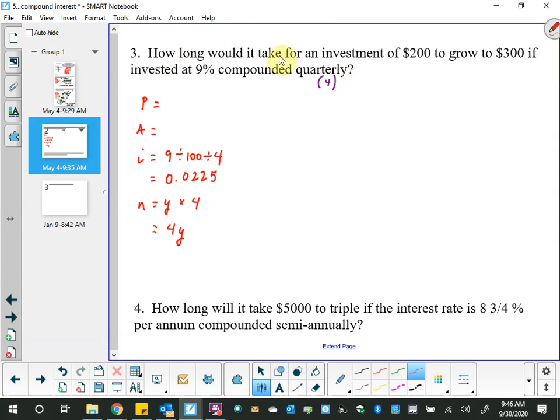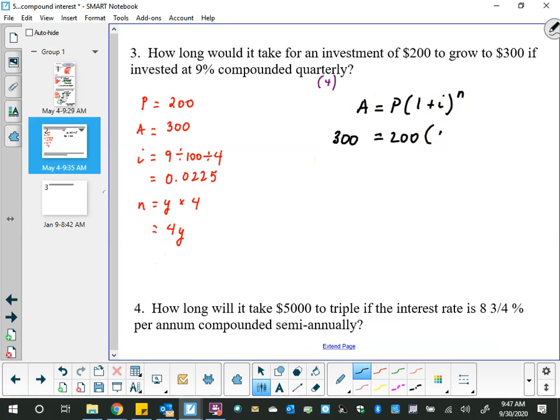So now the money part. We're taking an investment of $200 and wanting it to turn into $300, and we want to know how long that's going to take. So formula time, main formula time. So A is 300, P is 200.